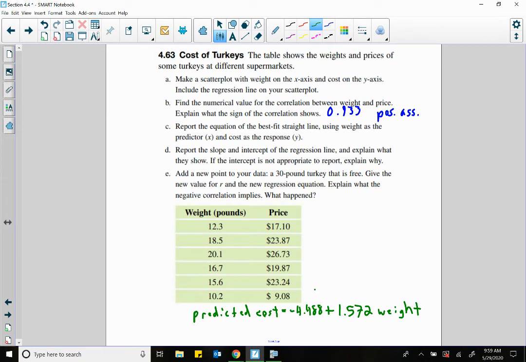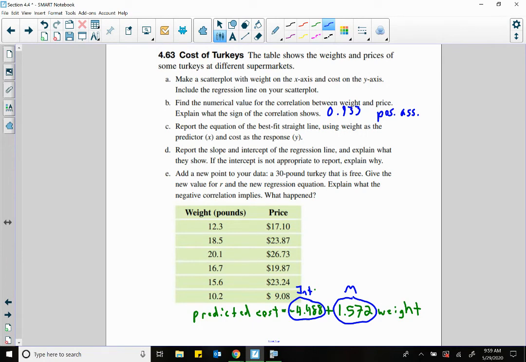So part D says report the slope and the intercept. So the slope is right here. That's the M. The intercept is right here. Okay, and explain what they show.